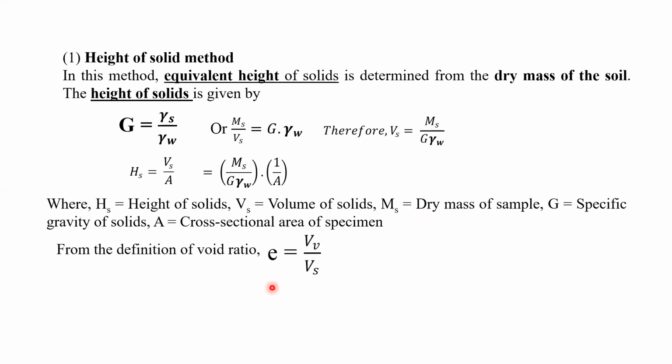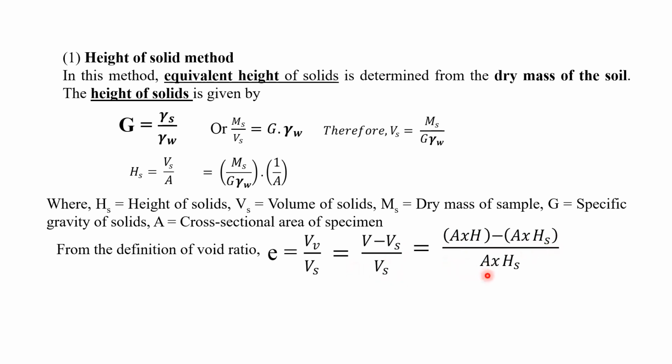As we know, the void ratio is defined as the ratio of the volume of void by the volume of solid. The volume of void we can also write as total volume minus volume of solid. The total volume we can also write as cross-sectional area into height of the sample, so A into H, and the volume of solid Vs is A into Hs.